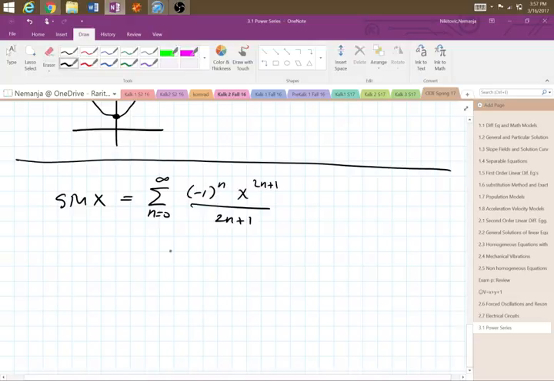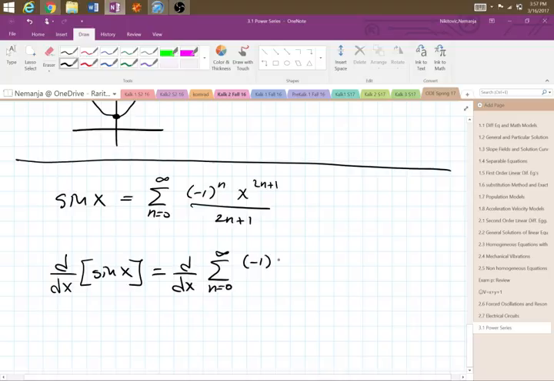So if I want to find now the derivative of sin x as taking the derivative of the summation of all of this, first, when I see the power series here, I understand that we have a summation.